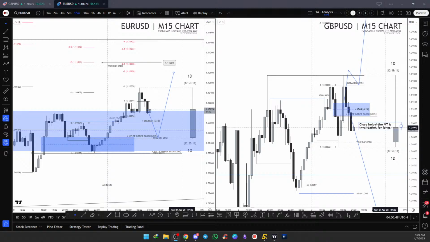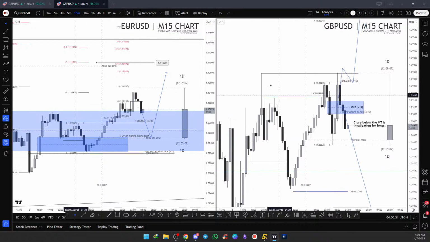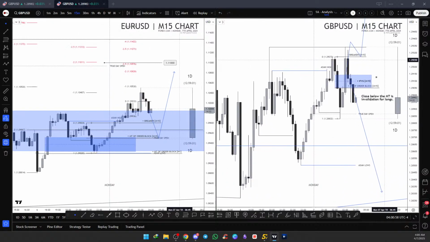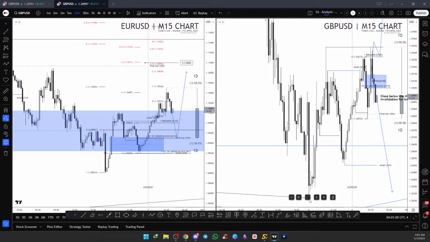I have previously explained why I am not taking a short here, because of this buy side liquidity. Price can take out this liquidity and it can still reverse to the upside, because when price takes out this liquidity, we'll be getting an SMT with EU, because EU is not very close to this level and we have a lot of PDRAs which will act as high resistance for price to move past.